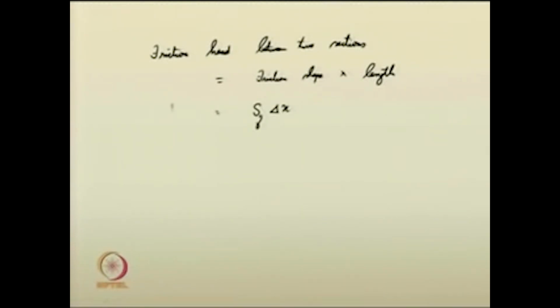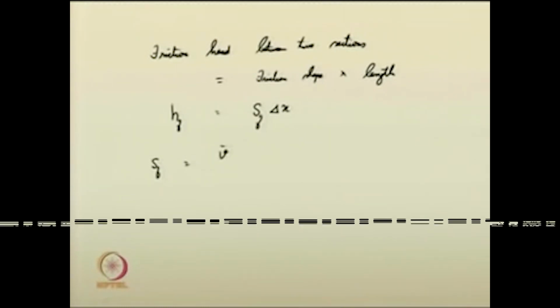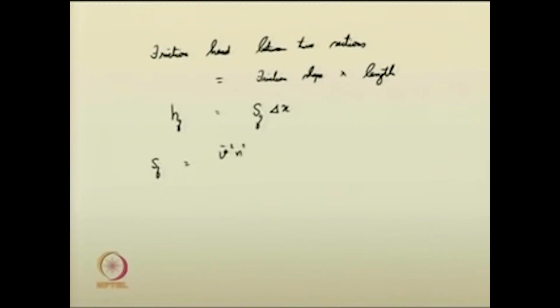This is your friction head HF. SF, you know, is obtained using Manning's equation. It is nothing but V² n² by R^(4/3), or it can be given as Q² n² by A² R^(4/3).